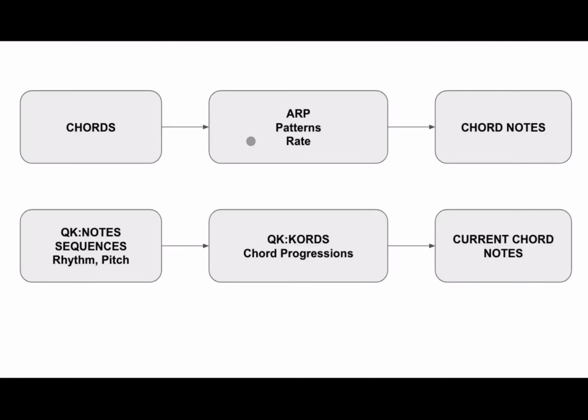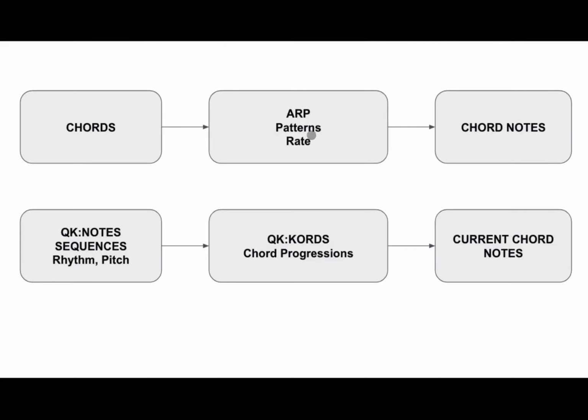With the Quantum Komposer Chords device, we reverse this flow. We send a stream of sequenced single notes into chords on a particular MIDI channel, and then chords outputs notes of the current chord or the whole chord based on the pitch of the incoming note and using the pattern or the rhythm of the incoming note sequence.